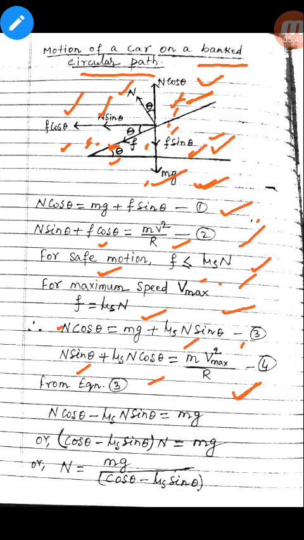Now from equation 3 we can write N cos theta minus mu s N sin theta equal to mg. Taking N common, cos theta minus mu s sin theta into N equal to mg, or N equals mg by cos theta minus mu s sin theta.